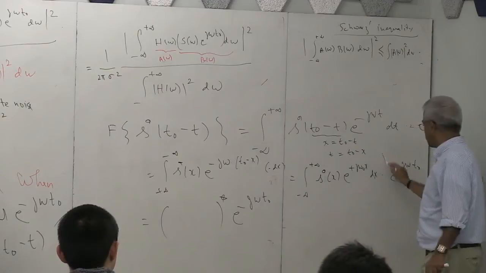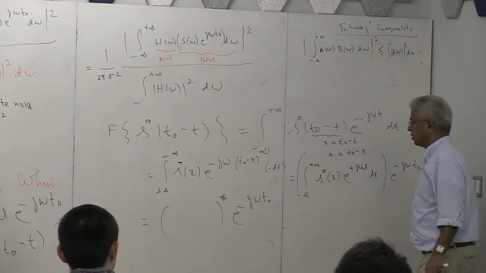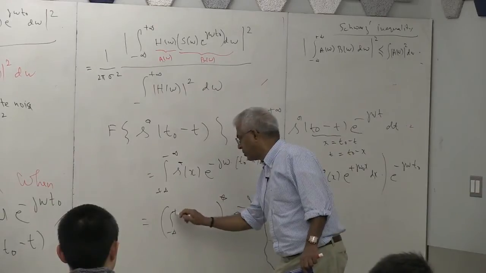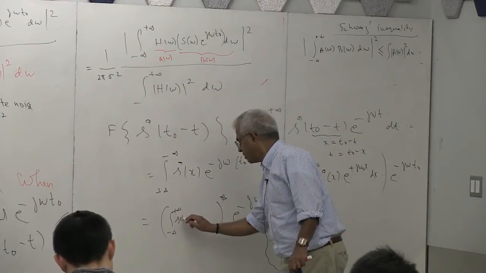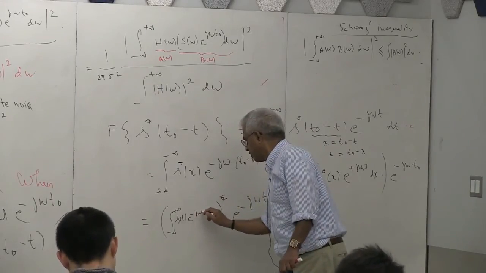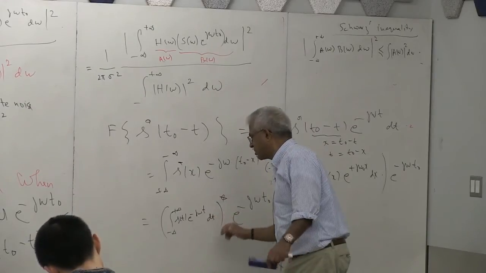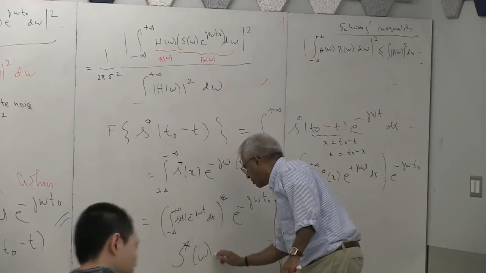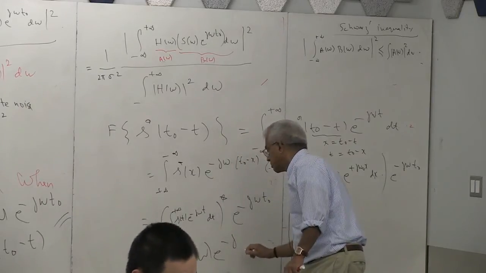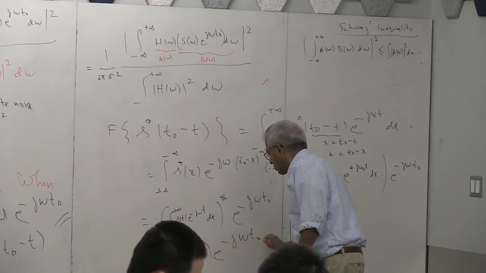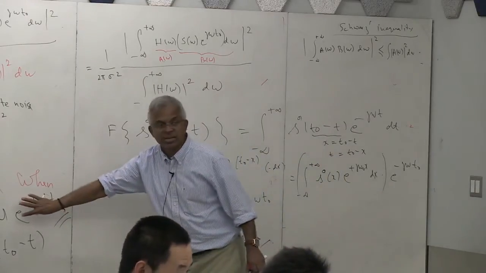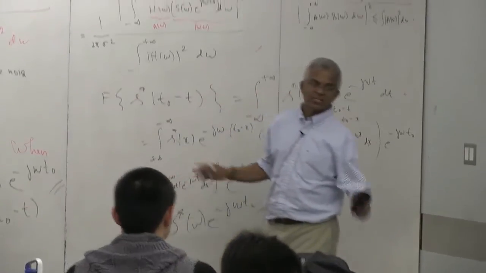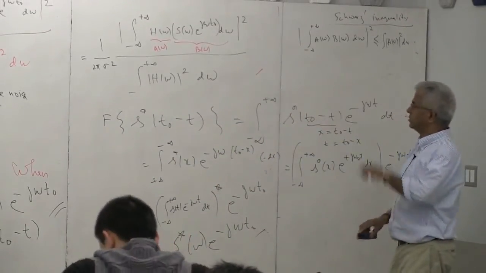I pull that outside, right? Then the remaining integral from minus infinity to plus infinity of s of t e raised to minus j omega t dt, with x changed to t, is s of omega, so it's s star of omega times e raised to minus j omega t naught. We get this transform back. So she is right, you need a star here, but if it's a real signal, it doesn't make any difference. Okay, very good.